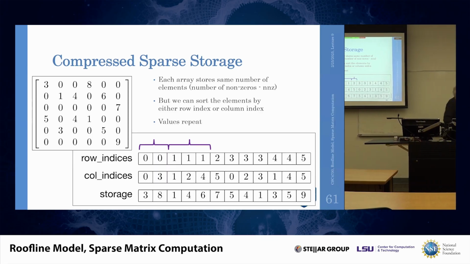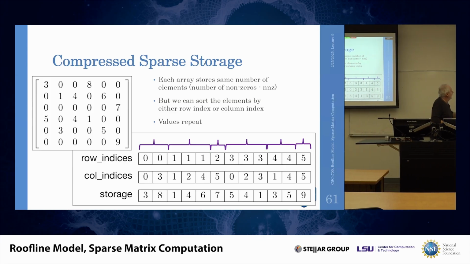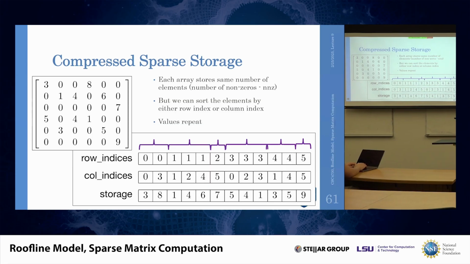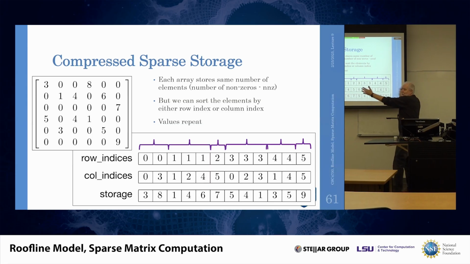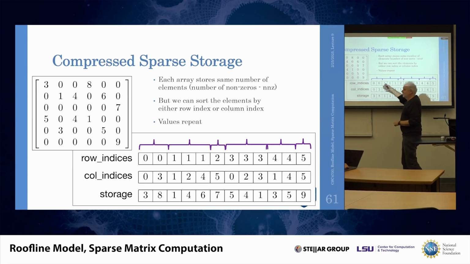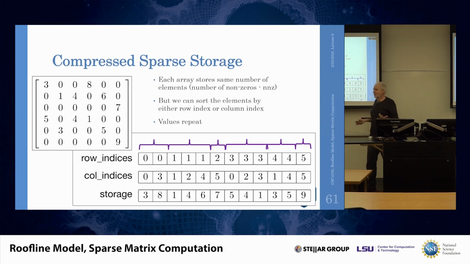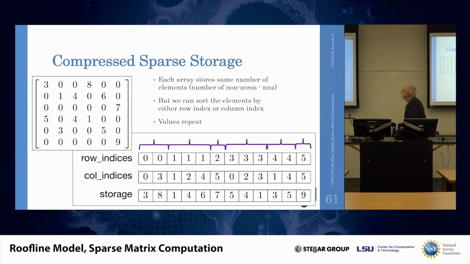You have 2 zeros, 3 ones, 3 twos, 3 threes, and so on. And the number of repeats here corresponds to the number of elements in each of the rows. So can we compress that? Can we get rid of the duplication of these values? Because what's the point in storing them? It's the same value. So let's look into how we can do that.